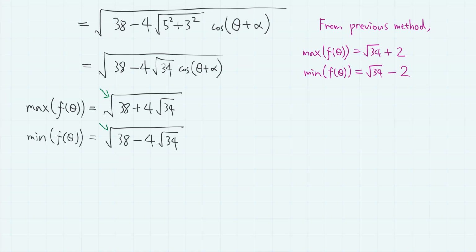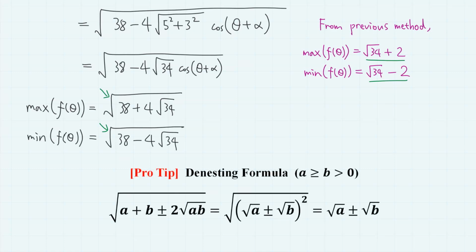But how are these values the same as the answers we previously obtained? Well, this is the part where the knowledge on denesting the radicals comes in handy. In order to use this formula, we must make 2 in front of the inner radical. So we write 2 here and put the remaining 2 inside the radical, which must become 4.